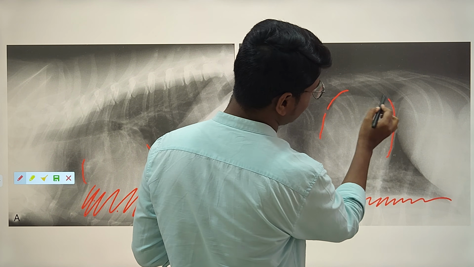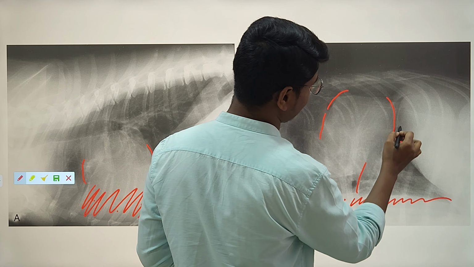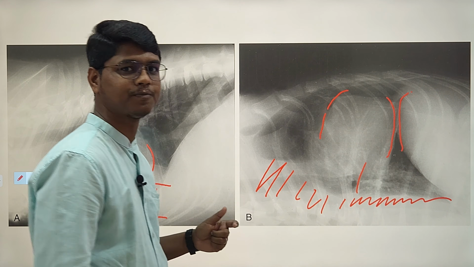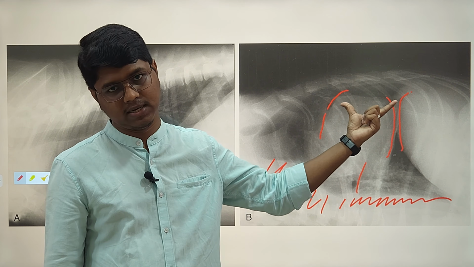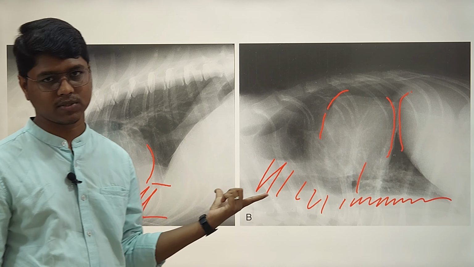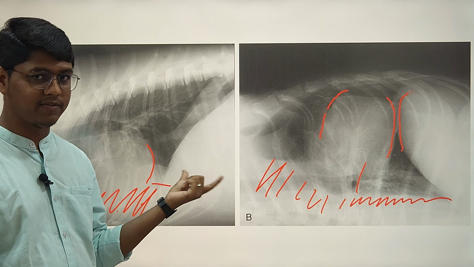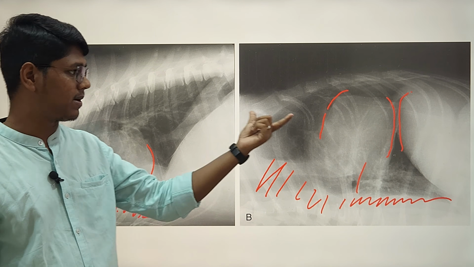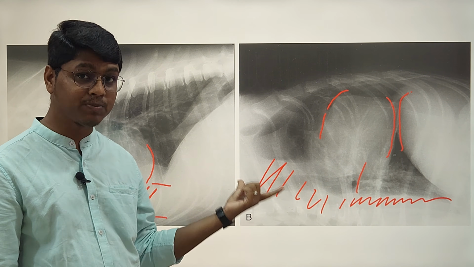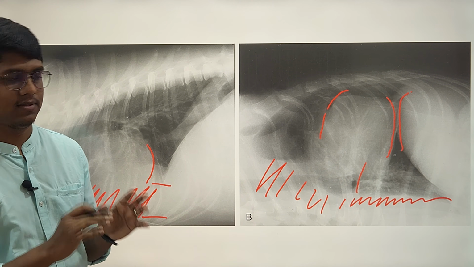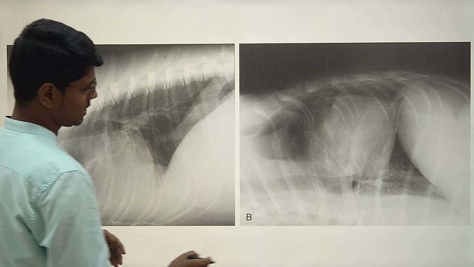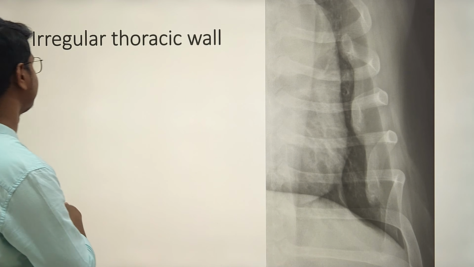Now the heart is clearly visible as well as the diaphragm. So it means it is not a case of diaphragmatic hernia. It is a case of pleural effusion. So this way you can differentiate between diaphragmatic hernia and pleural effusion, especially when the pleural fluid volume is less. Okay, so this is horizontal beam radiography to identify pleural effusion.